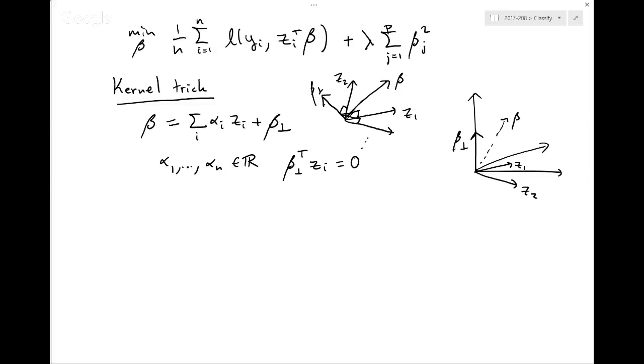So think about it like you start with a beta, and then you remove the component that can be written as just some multiple of z1, and then you remove the part that can be written as a multiple of z1 plus a multiple of z2, so in the span of those two vectors. Right? And then you remove the part that's in the span of the first three, and so on. And you keep doing this, and what's left over is this remainder beta perp.